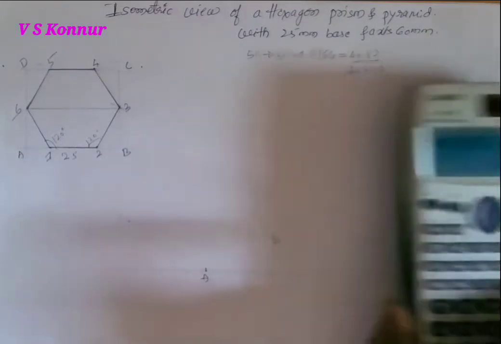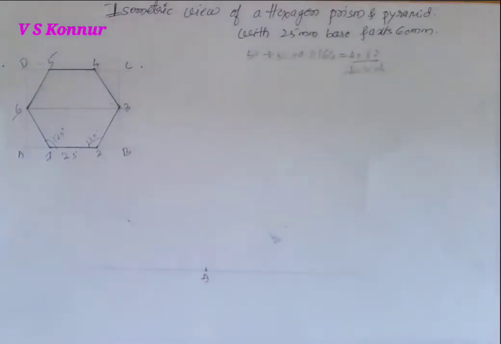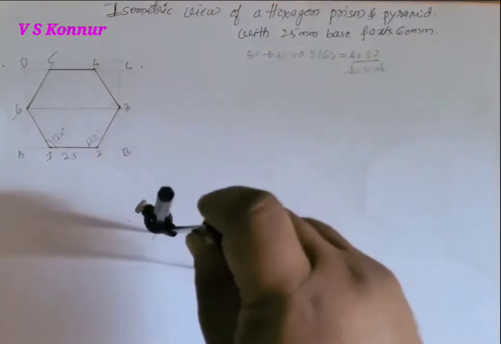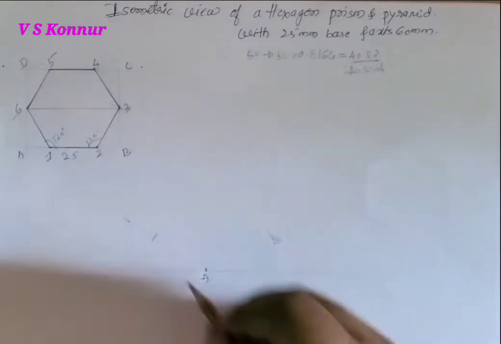So 34.28. Take the distance 34 from A to D. Then by keeping at A point, left side you have to cut the arc. So we'll get D point here.